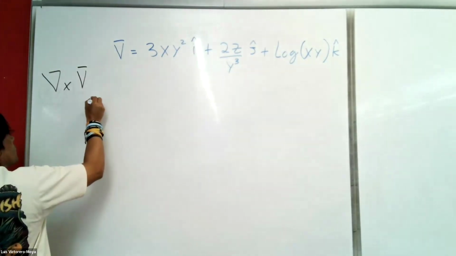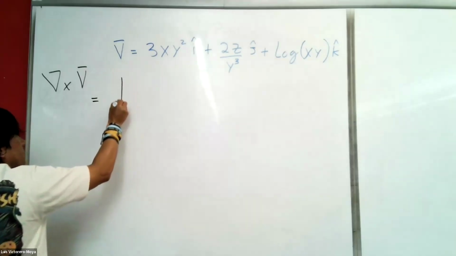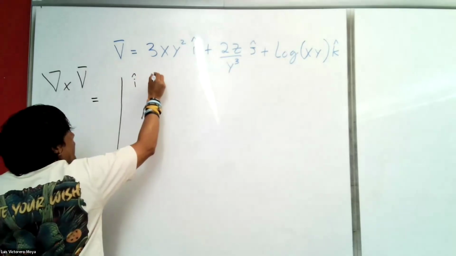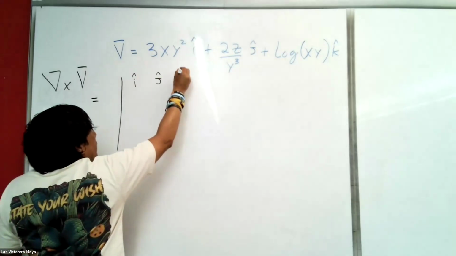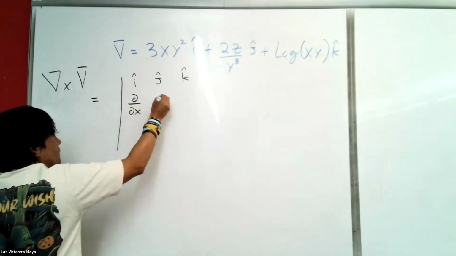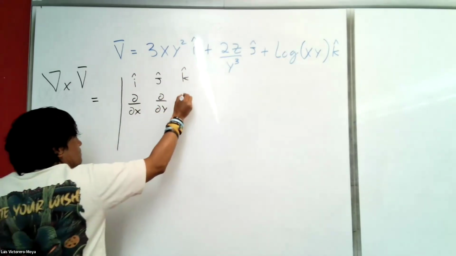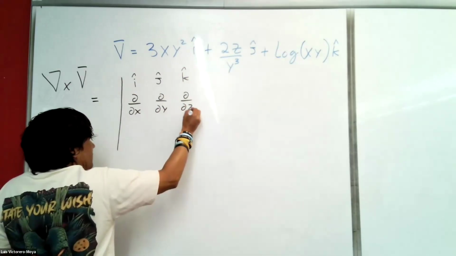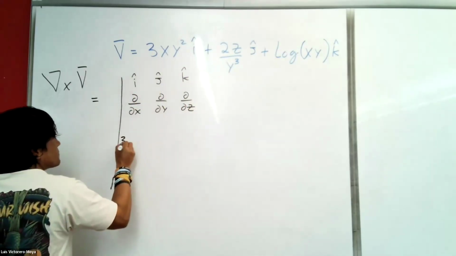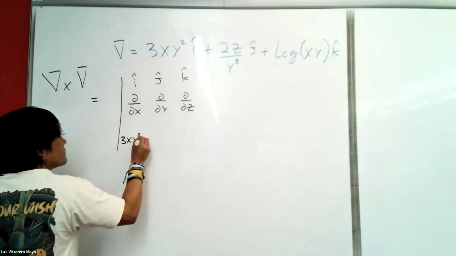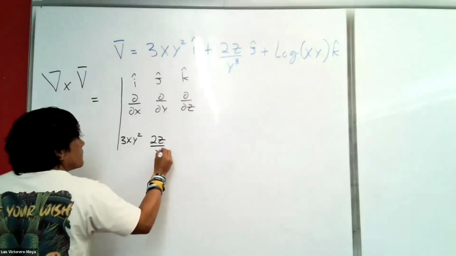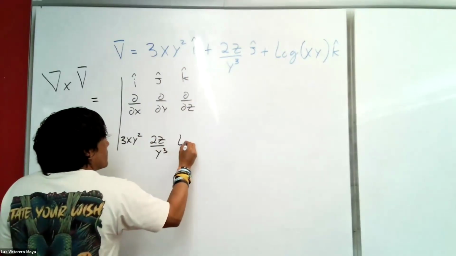So this is equal to the determinant of i, j, k, with respect to x, with respect to y, with respect to z, and then the x component here, which is this, the y component, and the z component.